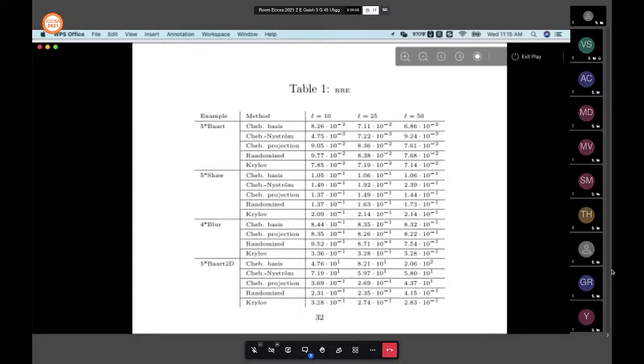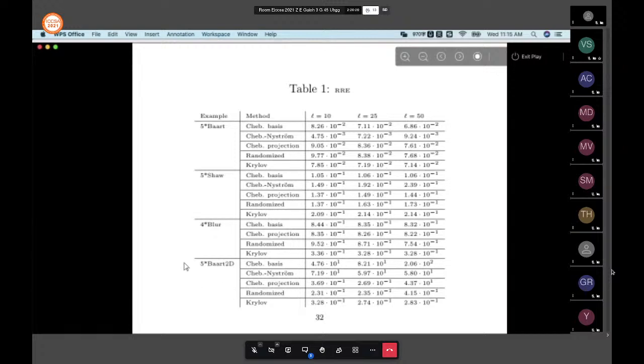Baart2D is also a two-dimensional problem, but the Chebyshev methods work okay, and random also works okay on this problem.